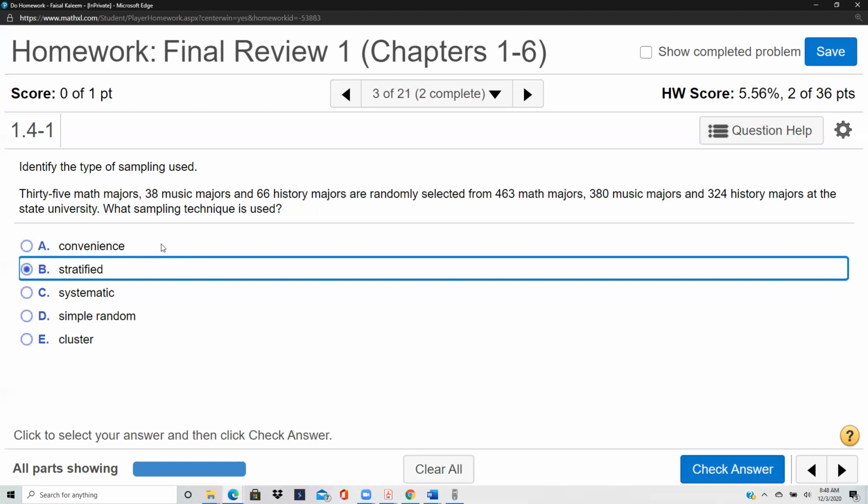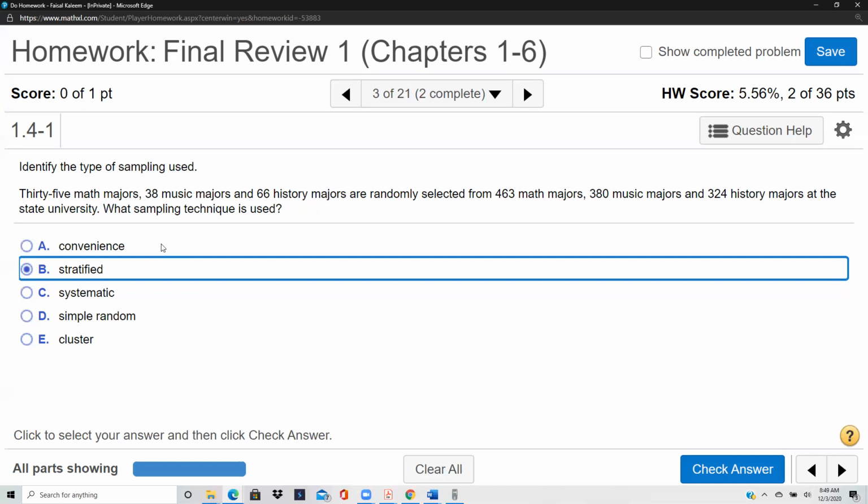Well, okay. So in cluster at the first level, you would pick not every class but a few classes. So let's say they would say that at a university, all the math majors and all the music majors are selected. So now the university may have lots of other majors also, right? But they just selected the math majors and the music majors, but then from them they select everybody.